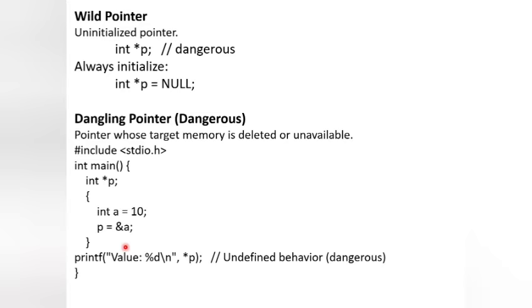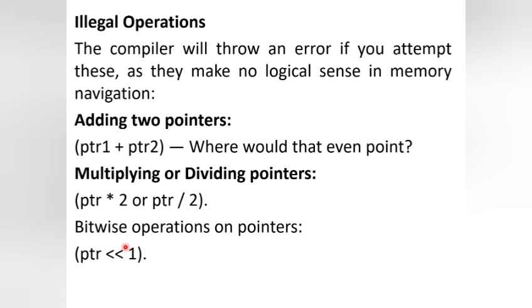Maybe it was available earlier, but at the point when we are referring to it, it is not available. It may be that the memory was released. It does not exist. So that leads to unwanted behaviors. It may crash sometimes. It will lead to memory leakages. So we have to avoid these two pointers, wild pointer and dangling pointer, in a program.